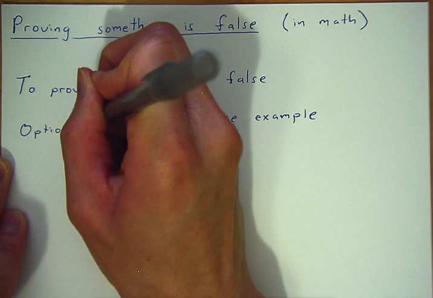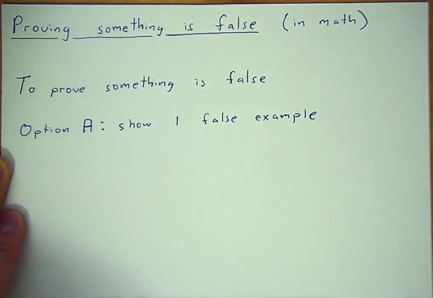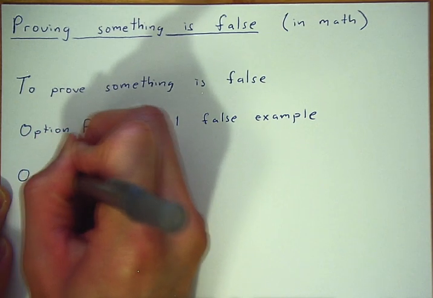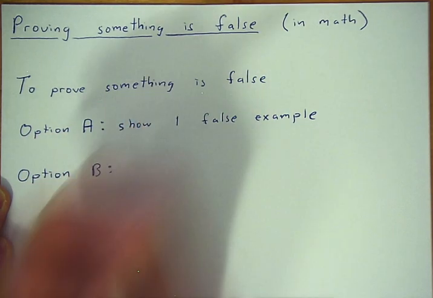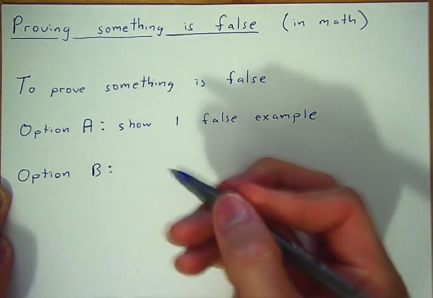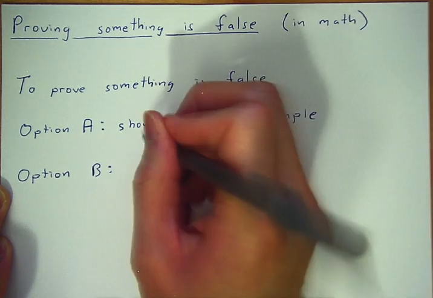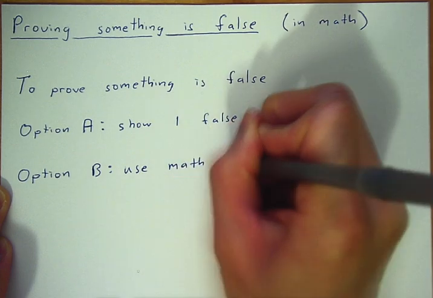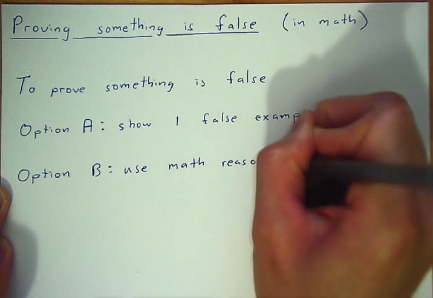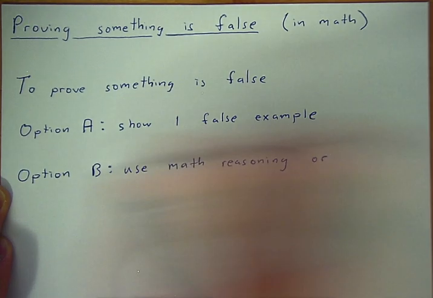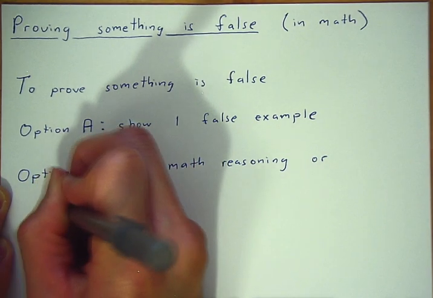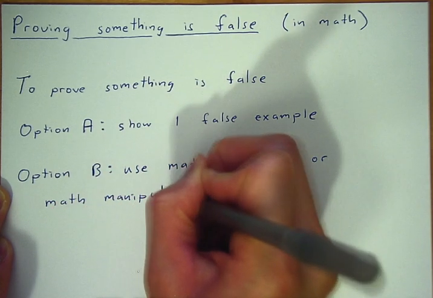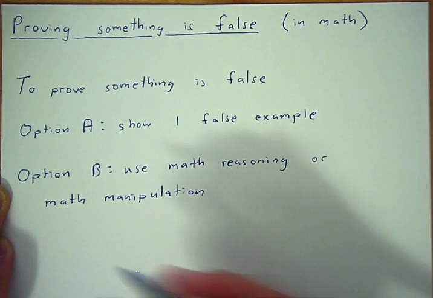Let's actually call this option A. Option B is you can use math reasoning or math manipulation in order to show that it is false.